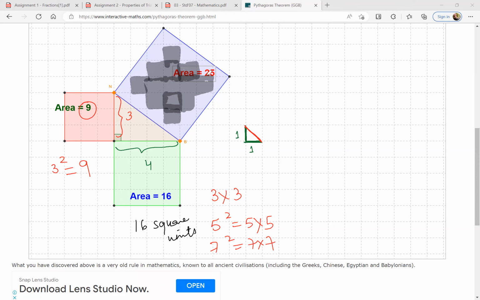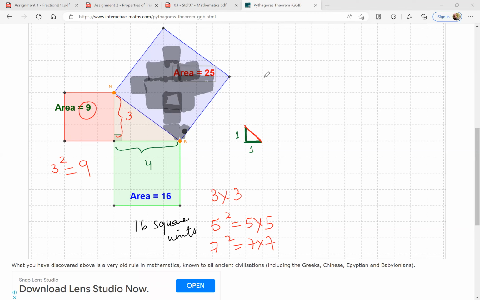Now the rest of them we have to see where to fit what. This square, the one that I'm coloring, and this square can fit with each other. If you take this and flip it over and fit it in this portion, it will fit, right?